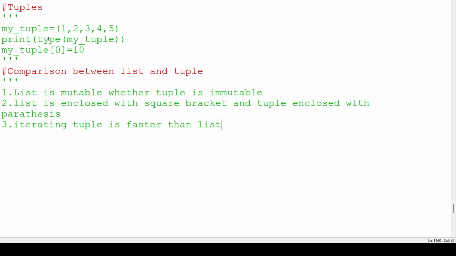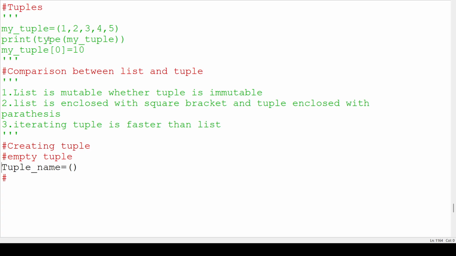Okay, let's see how to create a tuple. Creating a tuple. First, we will create an empty tuple. An empty tuple is nothing but the tuple name equal to just parentheses. This is an empty tuple.